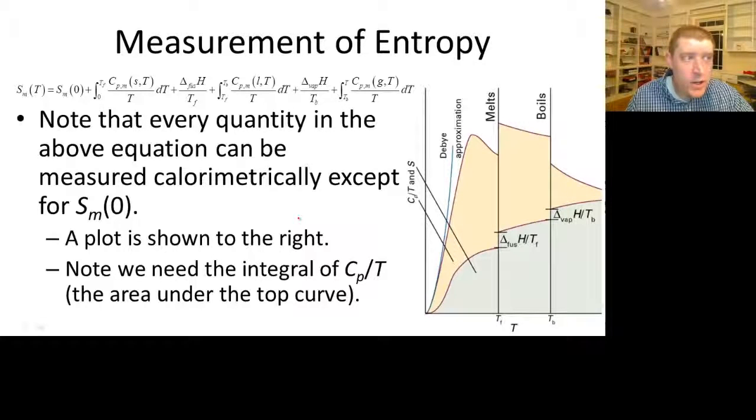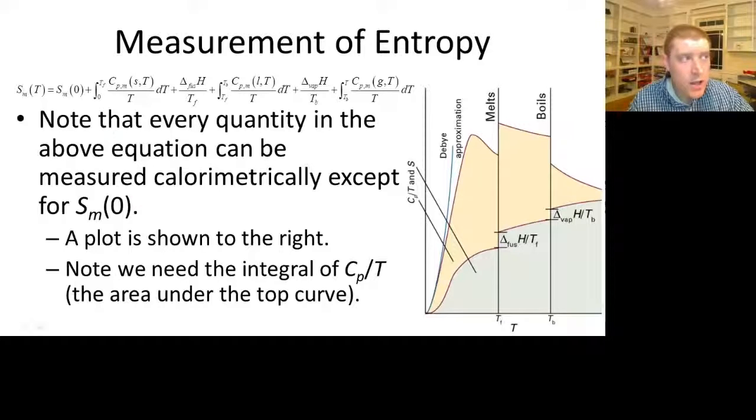So every quantity in that equation can be measured calorimetrically using a calorimeter, except for the molar entropy at absolute zero. Right? But all of the other values we can measure.